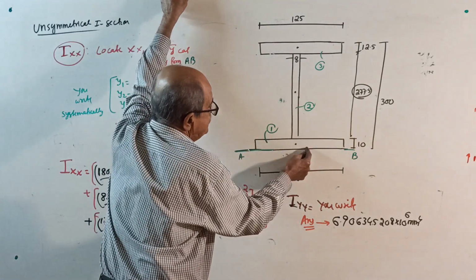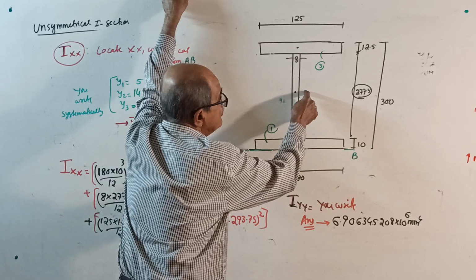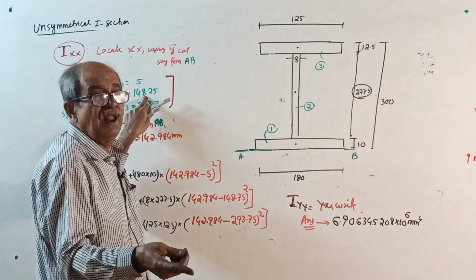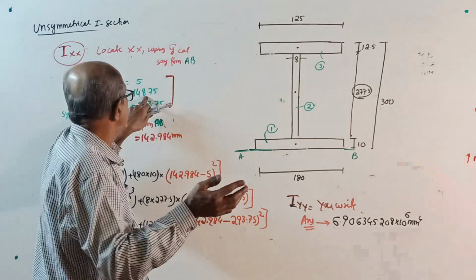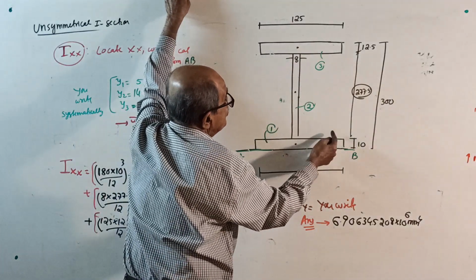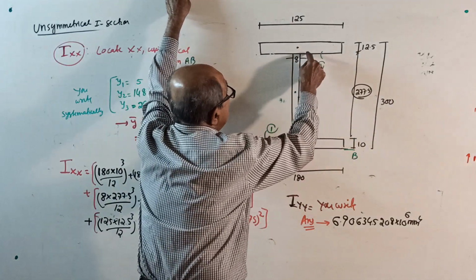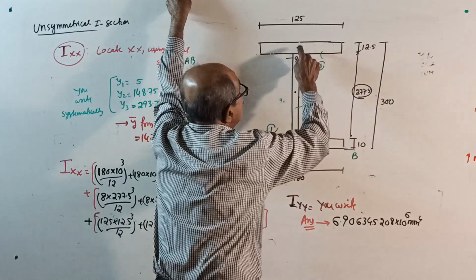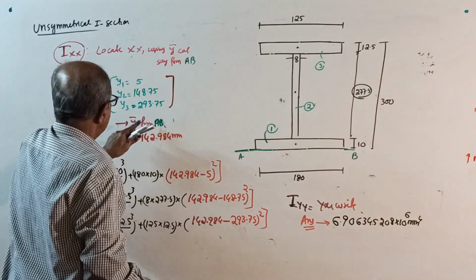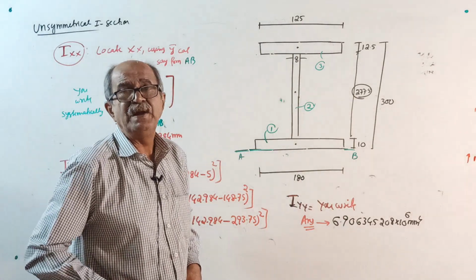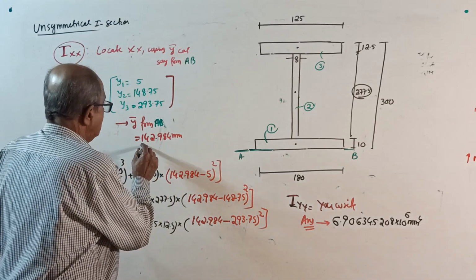Y2, 10 plus 277.5 by 2. Answer is 148. All explained, not once, thousands of times. Y3, from here, 10 plus 277.5 plus 12.5 by 2, or 300 minus 12.5 by 2. Substitute, get y bar. A1, y1, A2, y2, A3, y3, divide by total area, you will get y bar. Locate.